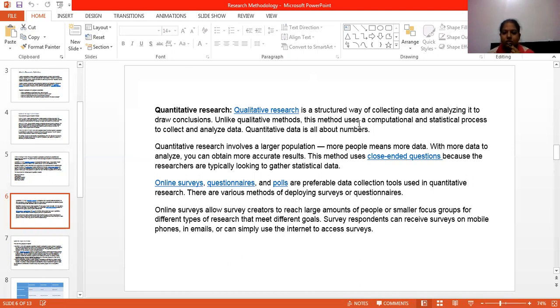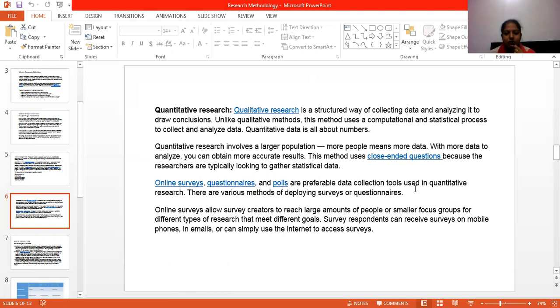This method uses close-ended questions because the researchers are typically looking to gather statistical data. Online surveys, questionnaires, and polls are preferable data collection tools used in quantitative research. There are various methods of deploying surveys or questionnaires.